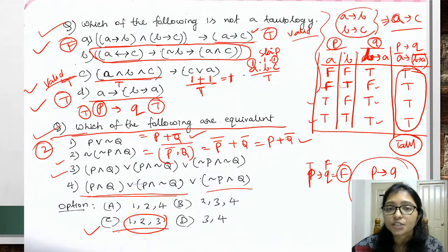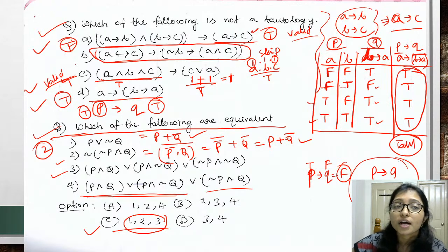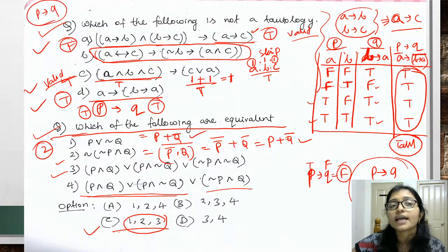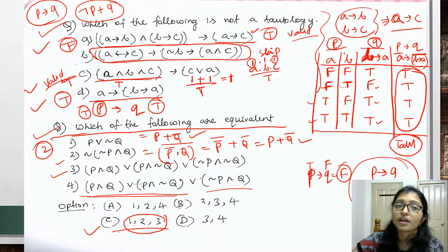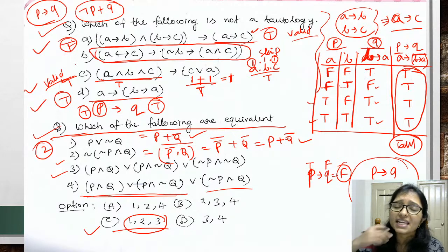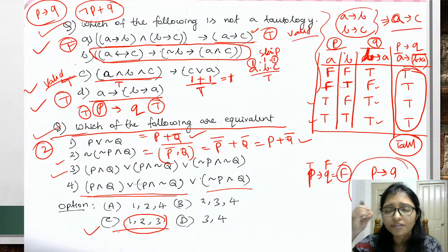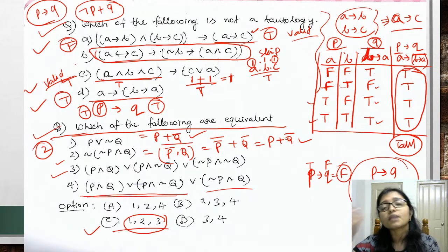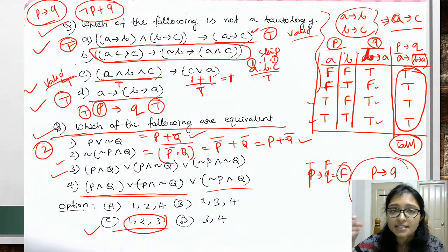Try to convert all the implications, P implies Q, into not P or Q, not P plus Q. After that you can apply digital logic, you can apply Karnaugh map. Using K map also you can solve. I am showing you different ways; whatever is easy for you, you can apply. Okay.